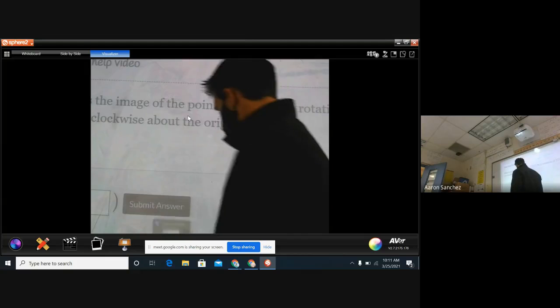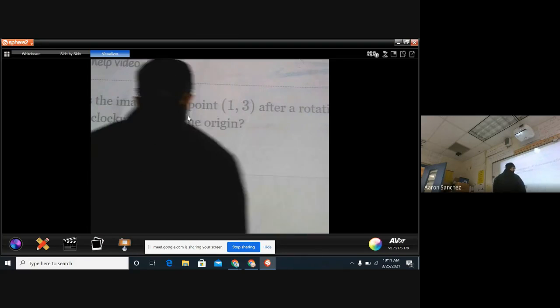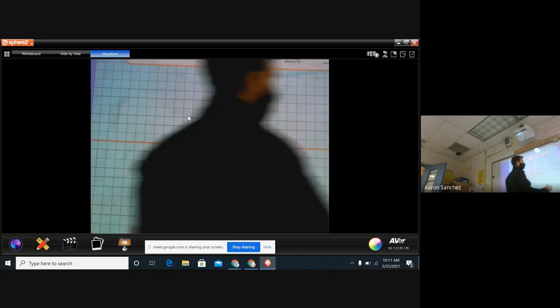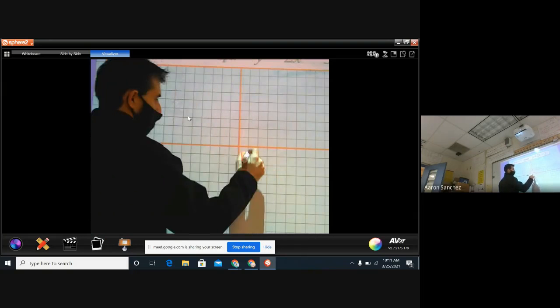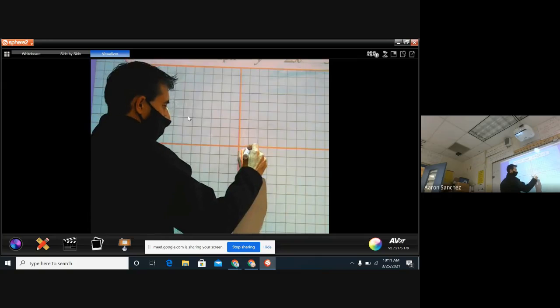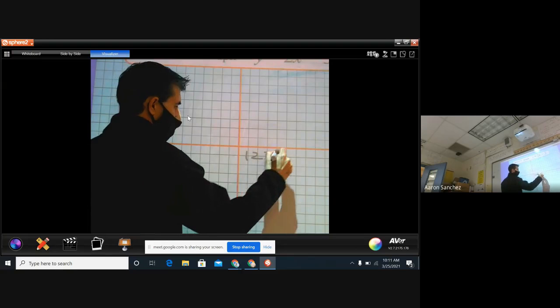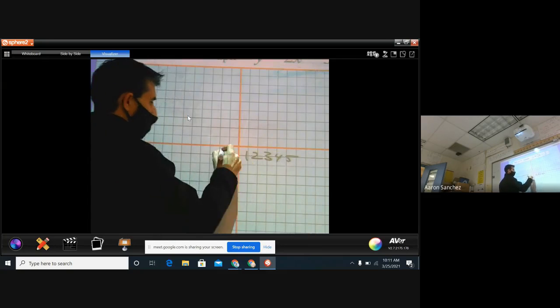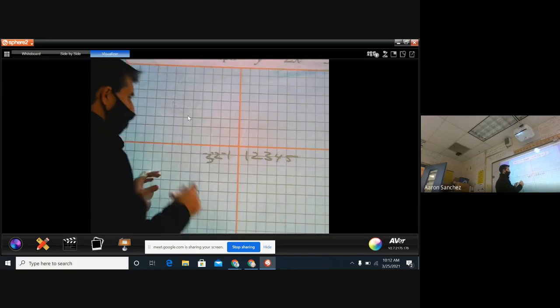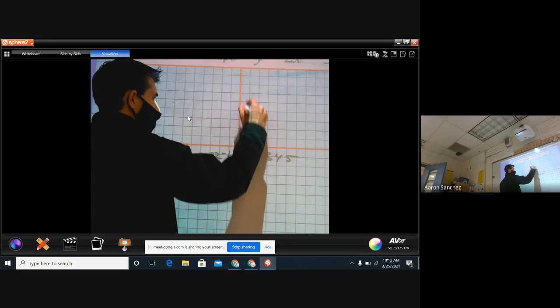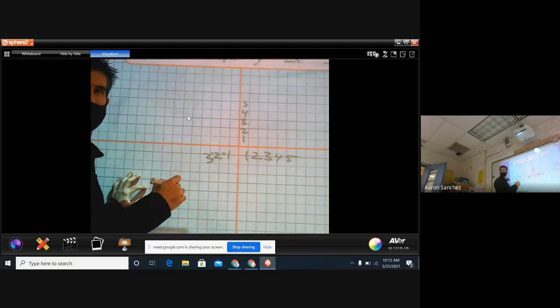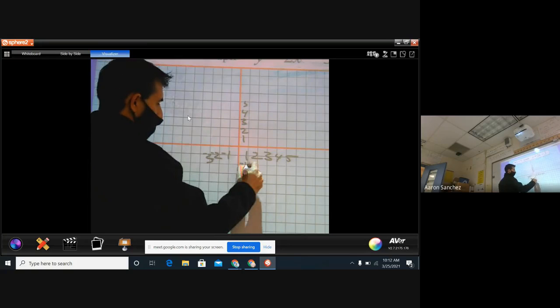Actually, what you guys have to remember is, as we do the number line, this direction is positive: 1, 2, 3, 4, 5. This direction is negative: -1, -2, -3, right? And this direction is positive going up, and this direction is negative.